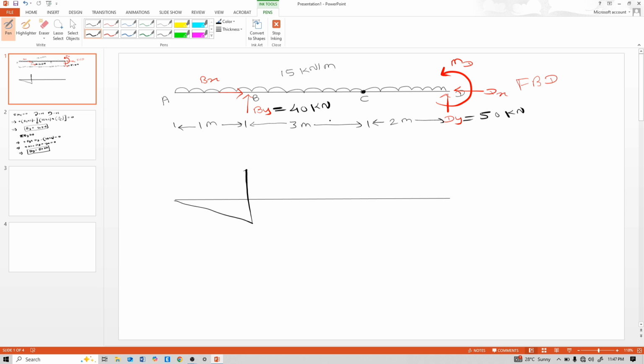Here, B to C portion is again UDL and C to D portion is again UDL, so the diagram is like this. Negative, positive, negative shear force diagram.